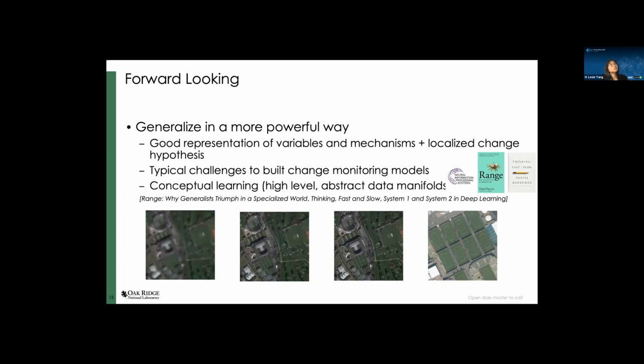So, forward looking, there are a couple of things we can do to mitigate those challenges. I would say the priority is to put our efforts into continuously improving generalization in a more powerful way.